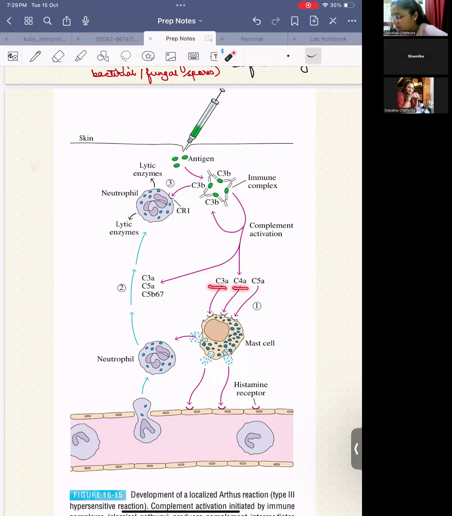The anaphylotoxin eventually produced as a consequence of complement activation can lead to degranulation from the mast cells, or the persistent immune complexes can also lead to activation of the neutrophils. And these neutrophils, in an attempt to clear or phagocytose this immune complex, release a lot of lytic enzymes, and that can also damage the site of infection.